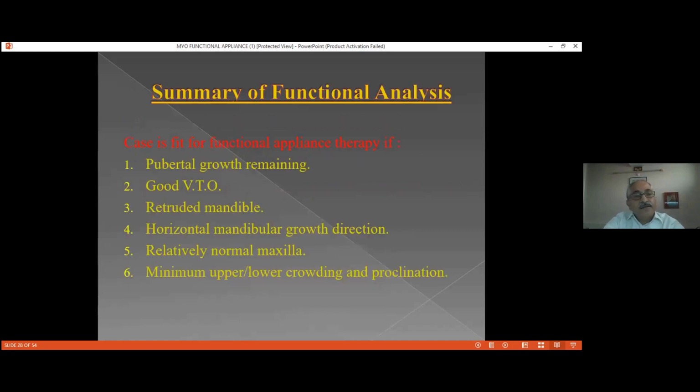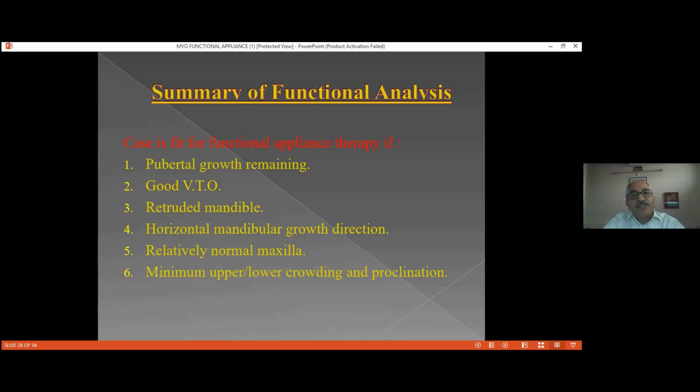Again, to recap, the 6 points for the functional analysis: it has to be a growing case. We are modulating and channelizing the growth.